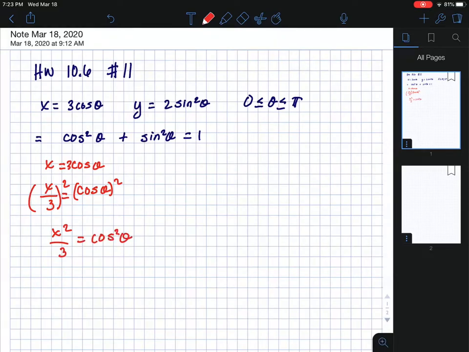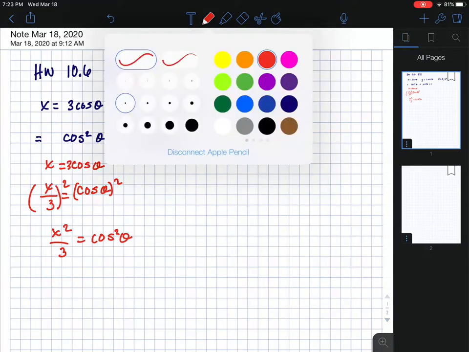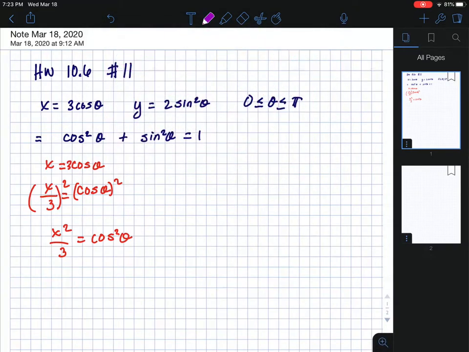Okay, all looks good there. Then you run into this right here for sine squared. You've got y equals 2 sine squared theta. y over 2 equals sine squared theta.